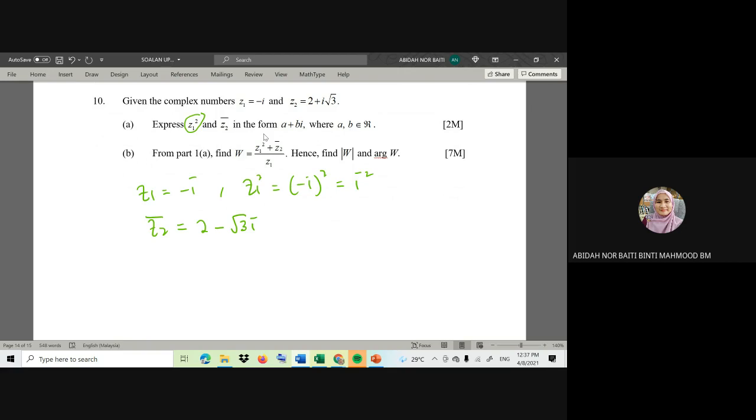Okay, from part 1A, find w. Okay, for question B, w equals to z1 squared tadi. Ni yang kita dah cari ya. z1 squared is i squared, we substitute ya, plus z2 bar, 2 minus z3i, over z1. Your z1 is negative i.